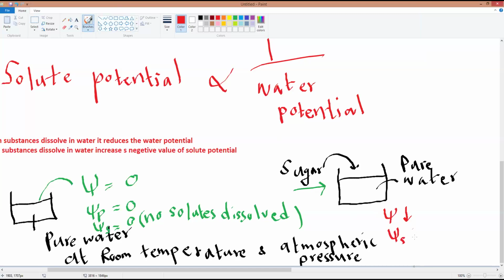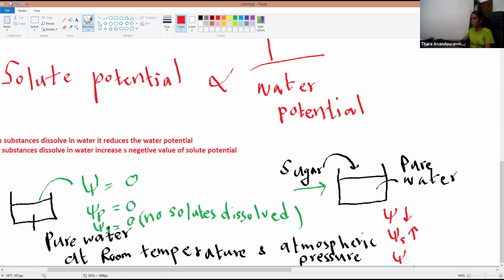The negative value increases. Psi P value is still 0. Nothing is applying on this open container, right? Let's say psi S value is minus 350. So then what should be the psi value?